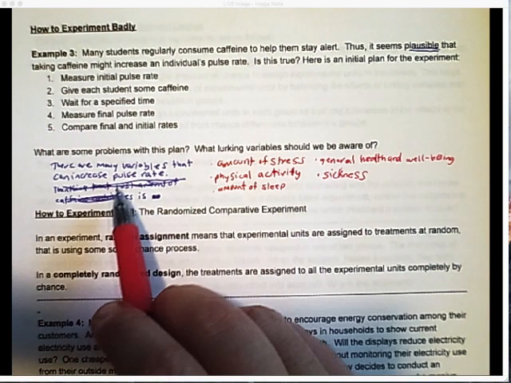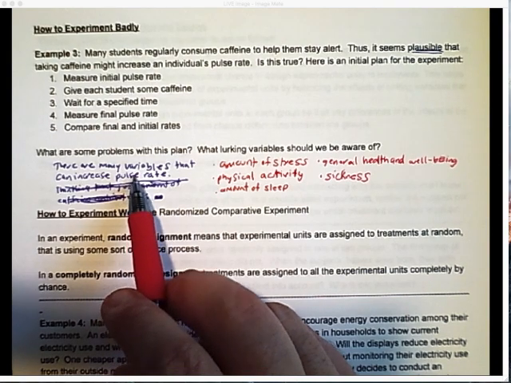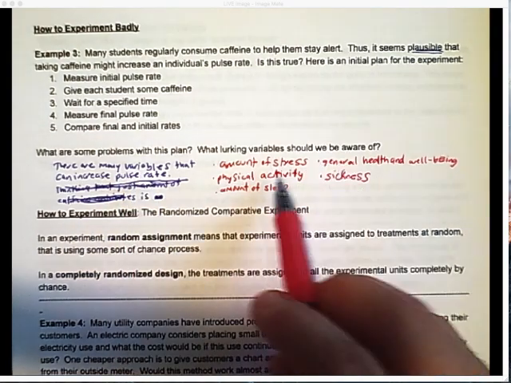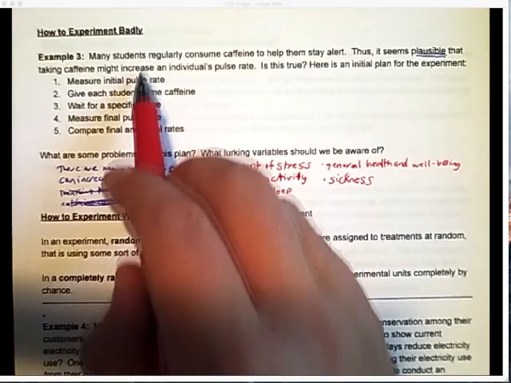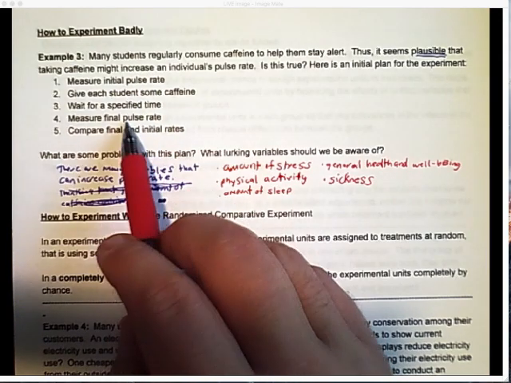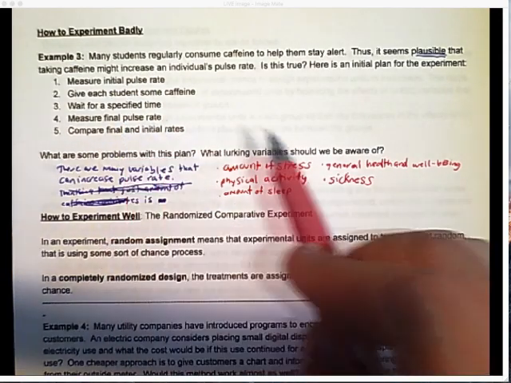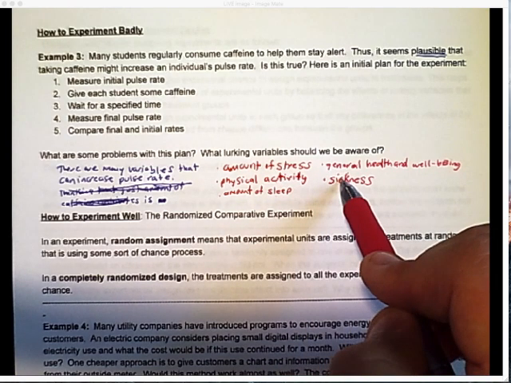I mean, caffeine can as well, but we're not controlling for these things. So the plan doesn't have any type of control that will keep all of these things level.